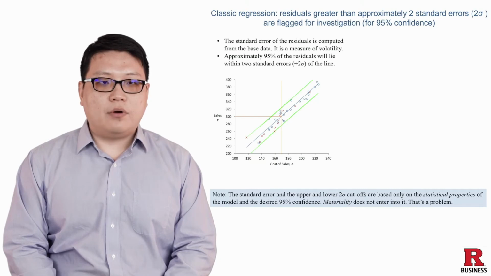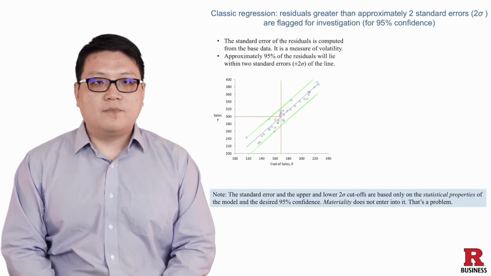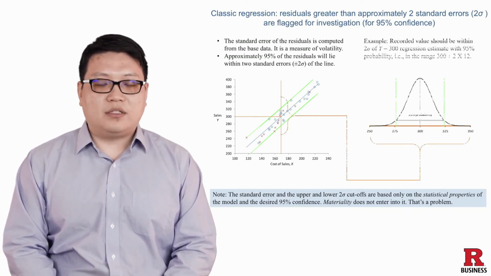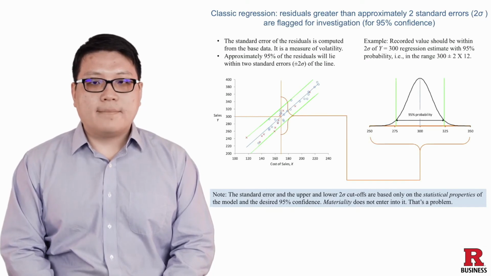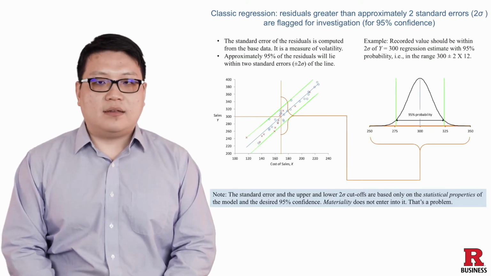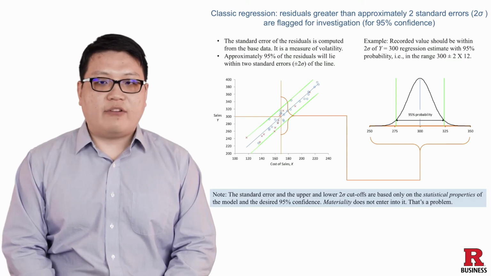Finally, to give an example, what you see here is the same regression model we built. However, we put in a threshold that is within two standard errors. Based on this normal distribution model, two standard deviations represent 95% of the probability.